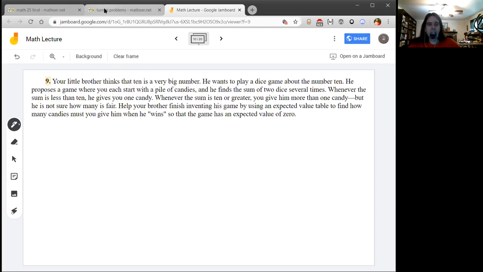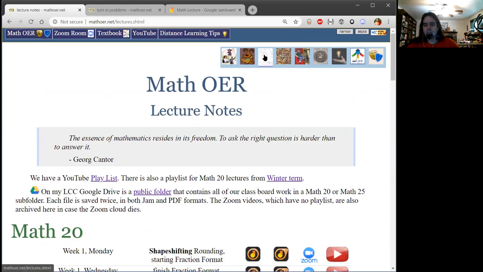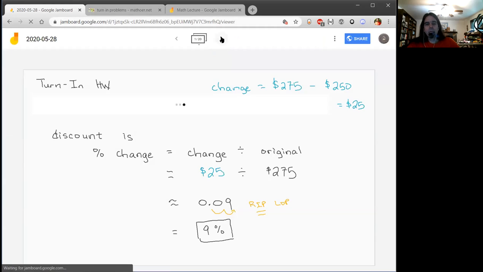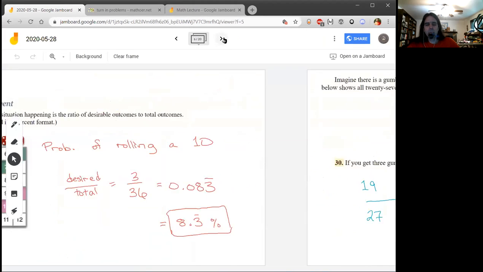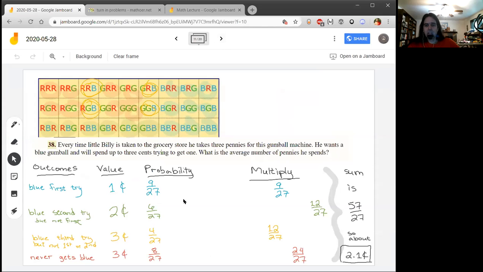So I'm going to go back to our lecture notes. Remember from last class, these expected value tables, just like we did with the how much to get on the final exam problem that we did a moment ago.